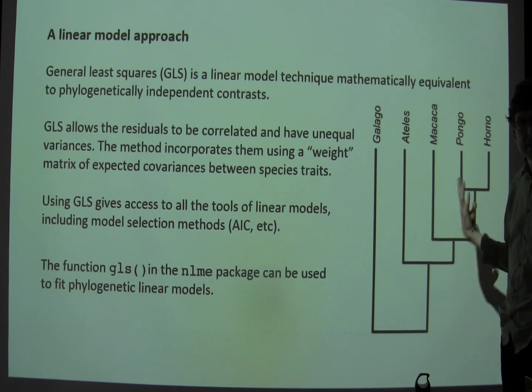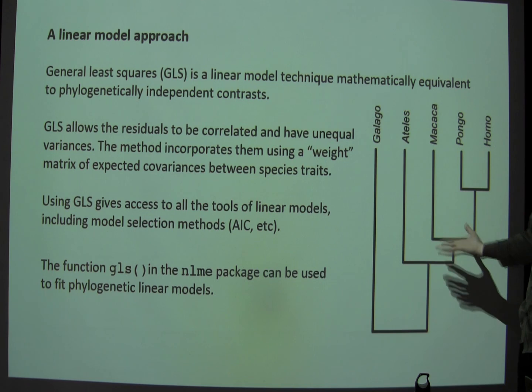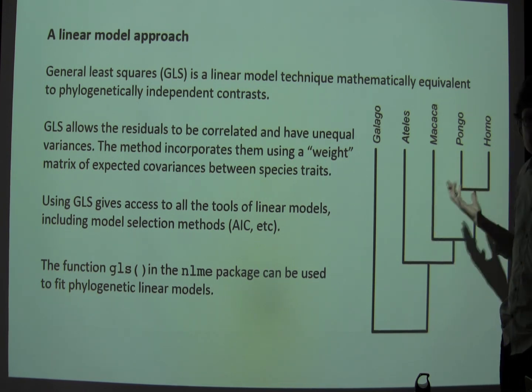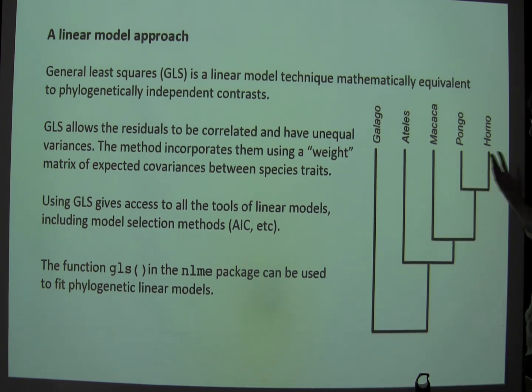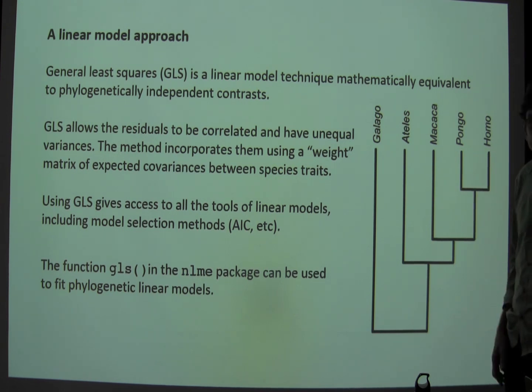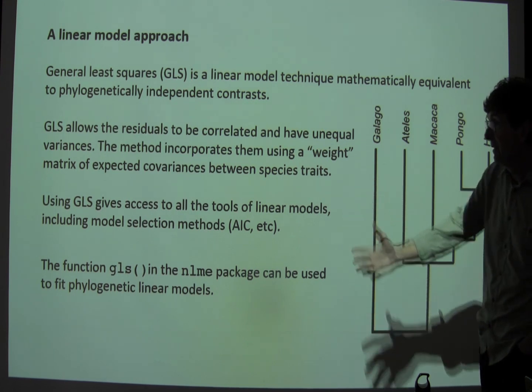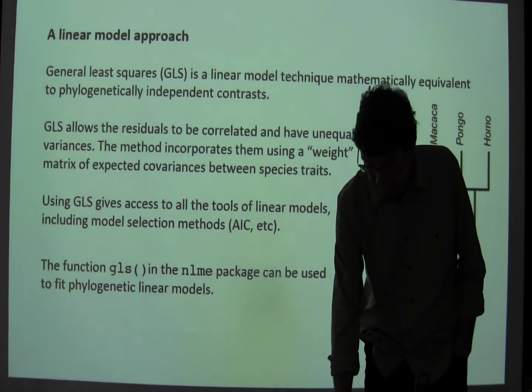If we can make the assumption that Felsenstein made, that evolution is mimicked by a random walk, a continuous random walk, Brownian motion, then we know what the expected variances are. They're proportional to time. And we know what the expected covariances are. They're the amount of shared history between any pair of species. And we can calculate that from the tree and then apply GLS.